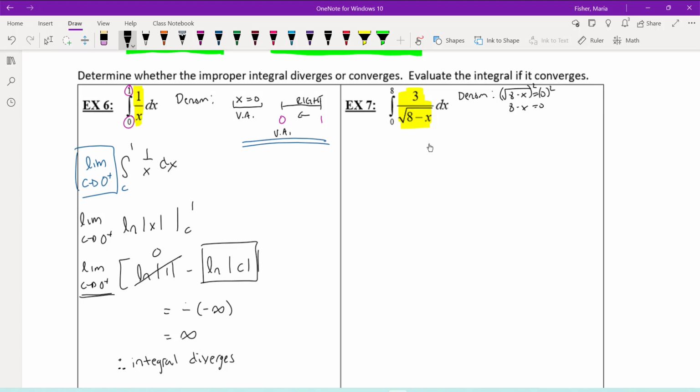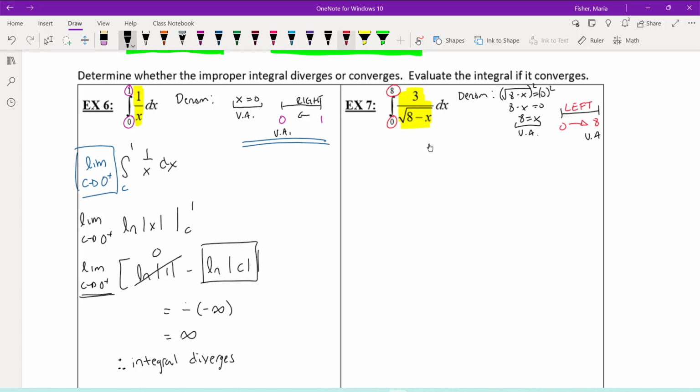If I move x over to the right-hand side, I get 8 is equal to x. So I know that that's where I have my vertical asymptote. Then I grab my number line, and I put in a 0 and an 8. This guy over here, the 8, that's my vertical asymptote. The only way that I can get to 8 is from numbers that are smaller than 8, so I have to approach 8 from the left.